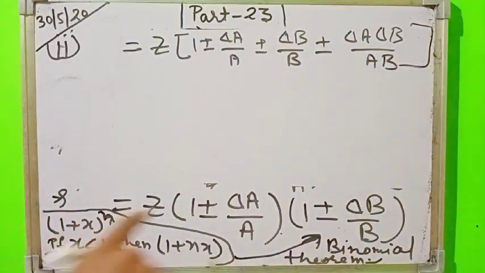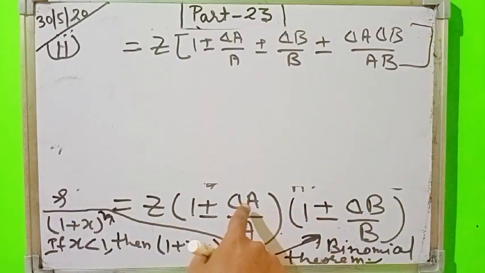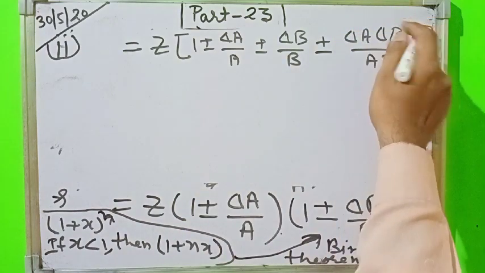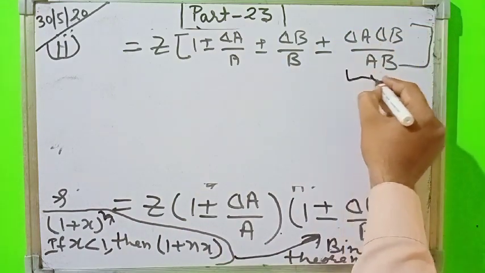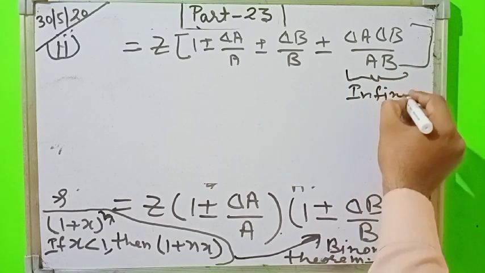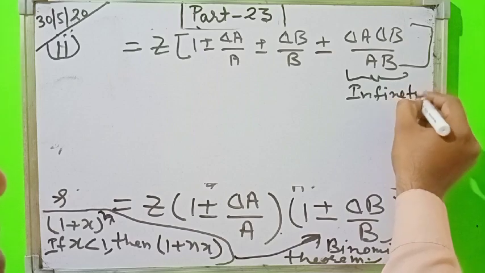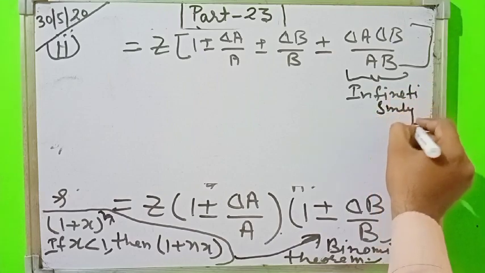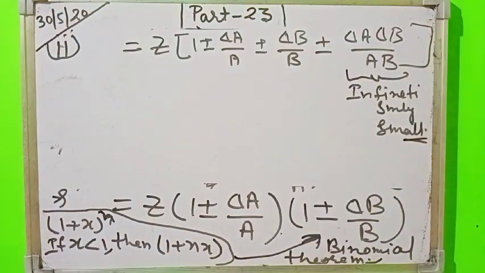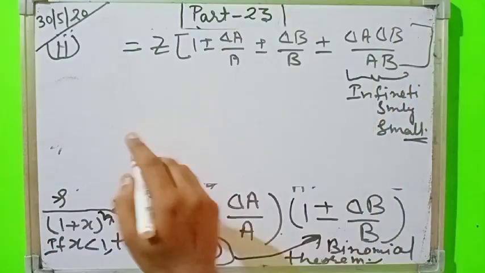Look at here. This multiplied by this multiplied by this quantity, we will get. As we had discussed in the previous case, in case of multiplication, this quantity is a very small divided by a big quantity. It will be infinitesimally small. Since it is infinitesimally small, it can be ignored.